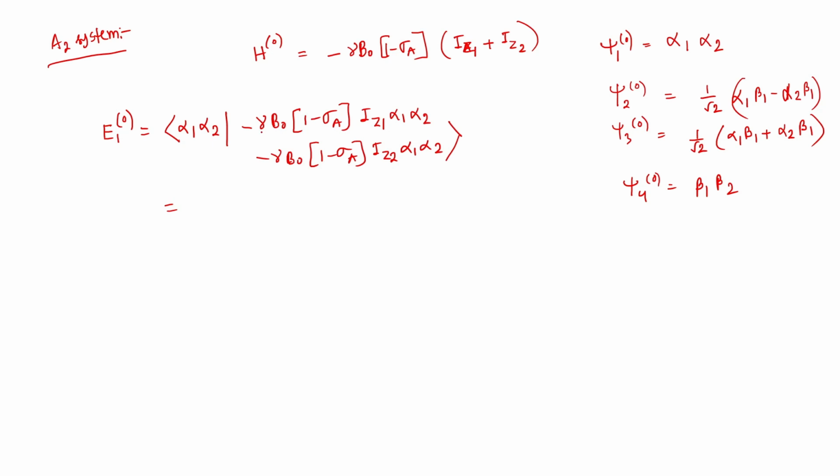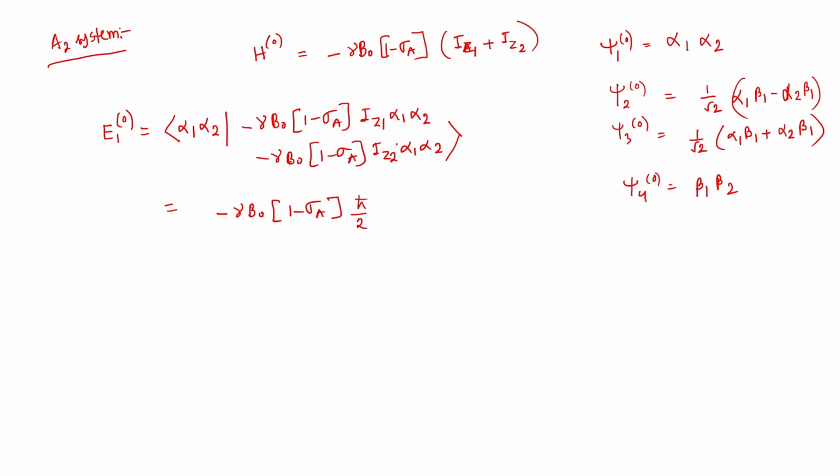So I_z1 working on alpha 1 is going to give us the same thing. I will take B naught (1 minus sigma A) common. Alpha 1 is going to give us h cut by 2, alpha 1 alpha 2 will remain the same, and here also I am going to get the same thing.